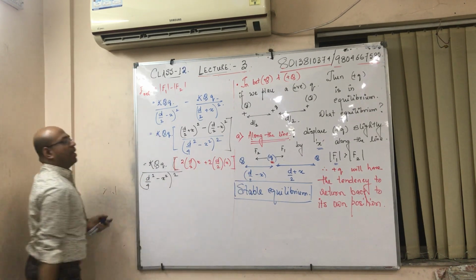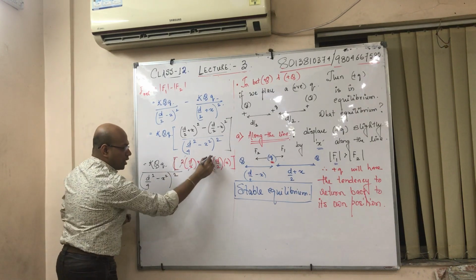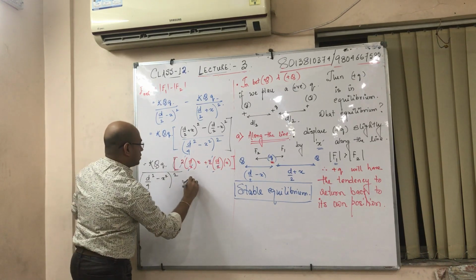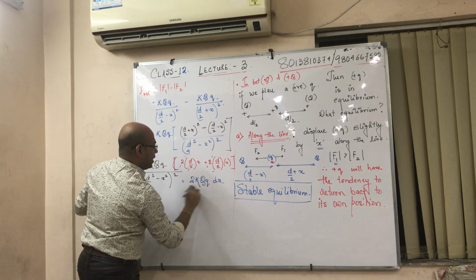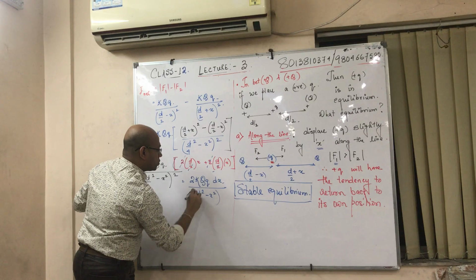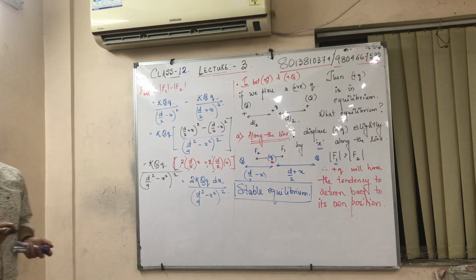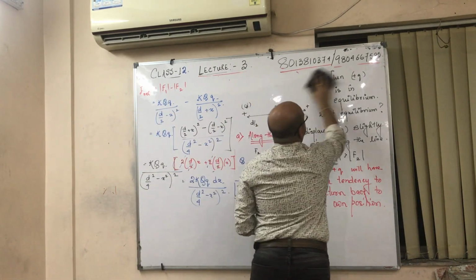Now this is complete, so we cut it. Twice dx. Twice K big Q small q dx by d by 4 whole square minus x square and whole square. Now we come up with a beautiful conclusion.